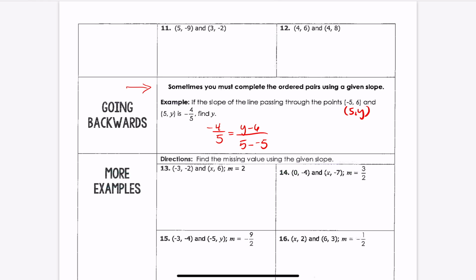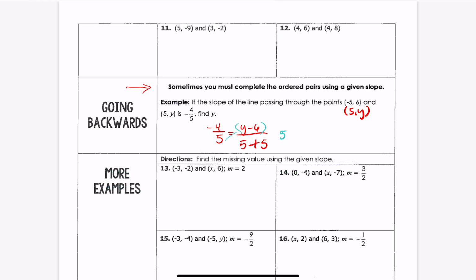So this becomes a plus, right? And when I look at this, it's an algebraic proportion. So I'm going to use what I know about solving algebraic proportions to solve this. I'm going to put parentheses around this, and I'm going to do cross products.